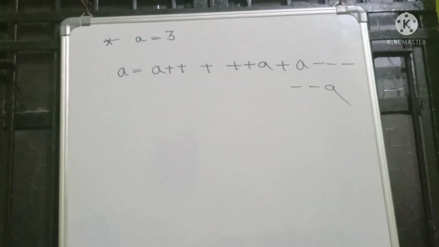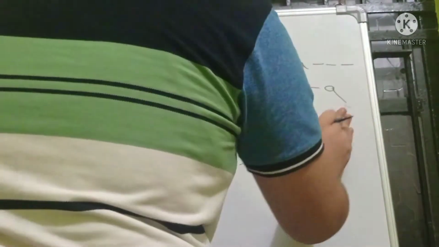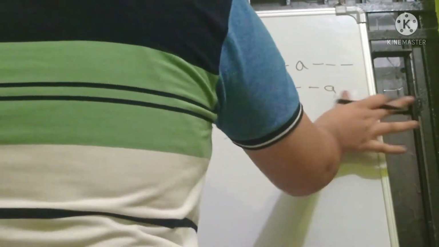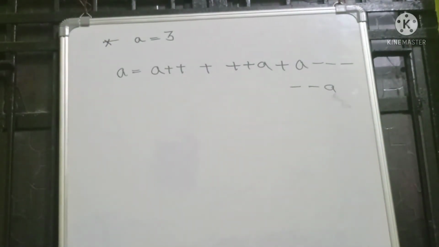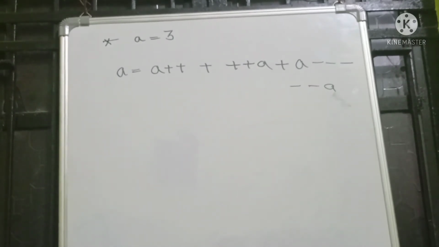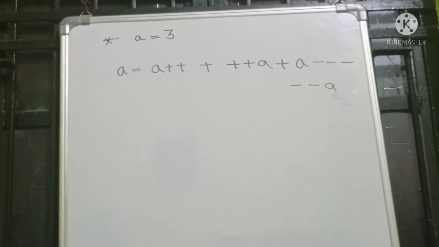So this is your question. This is not Q or P, this is only A. Okay. This is your question. I am giving you just 5 seconds to solve it. See how you can solve it.